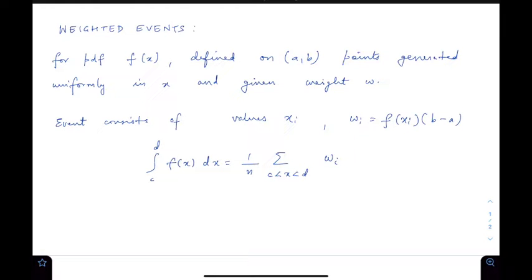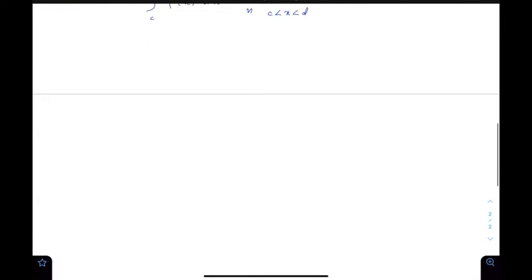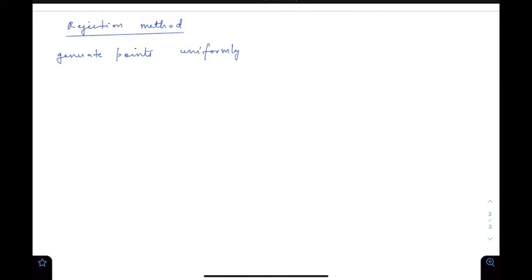Now, speaking of the hit or miss method of Monte Carlo integration, the next method is the rejection method. So just like in the hit or miss Monte Carlo, we generate points uniformly in x as well as f(x).